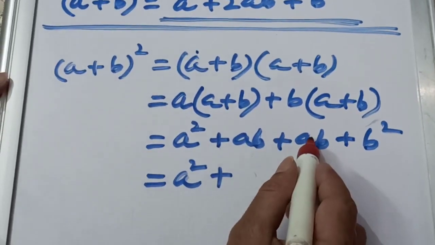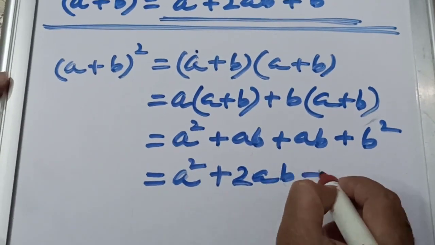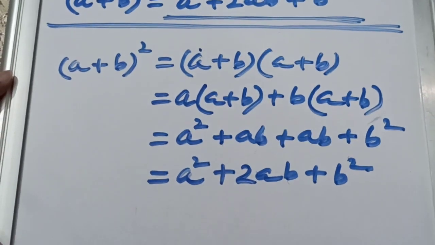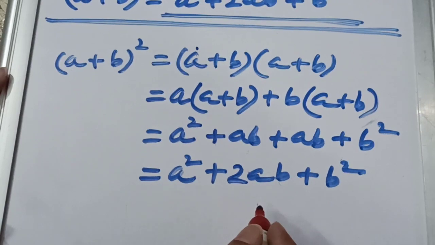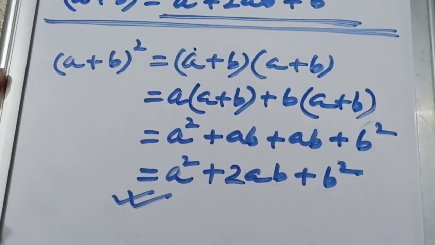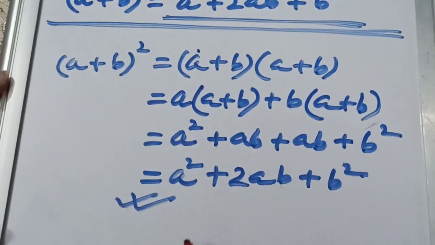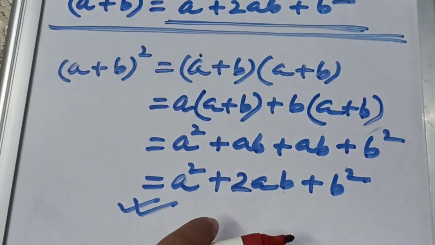Then you can write 2ab plus b square. And it is verified that a plus b whole square, how can you find the formula? This is called identity 1. Understand?